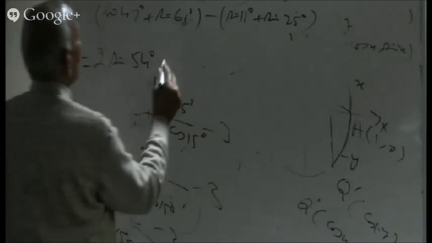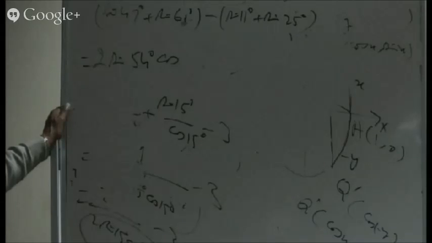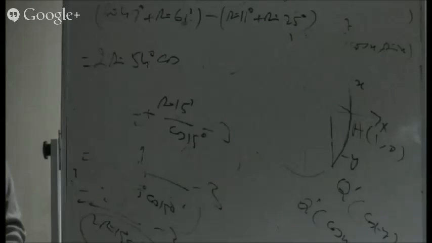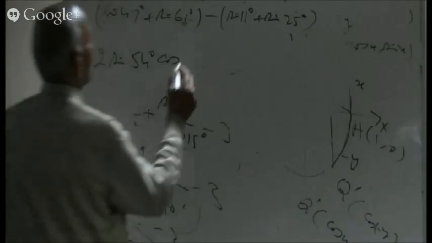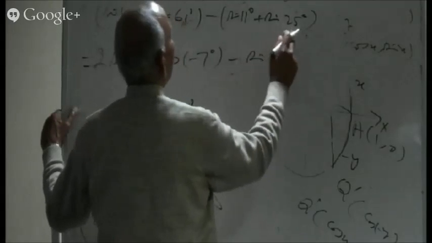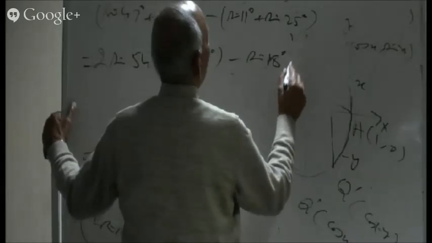Into cos of what is that cos of? 47 minus 61 is minus 14. Divide by 2, minus 7. Is it right? So cos of minus 7. And here is minus sine of, what is that? Sine of 18.